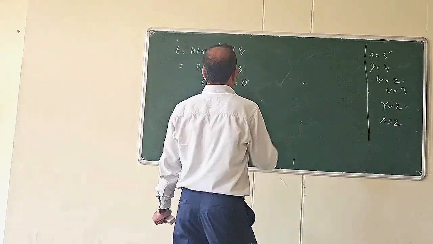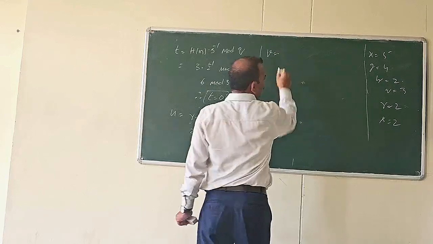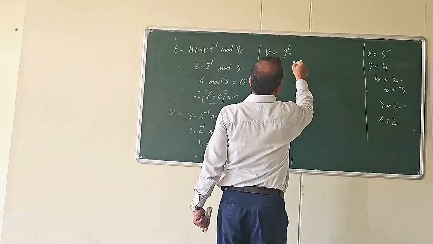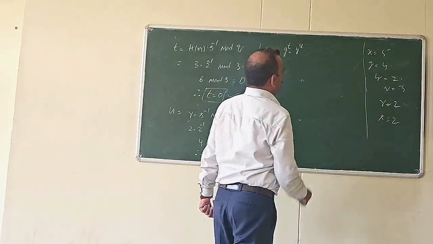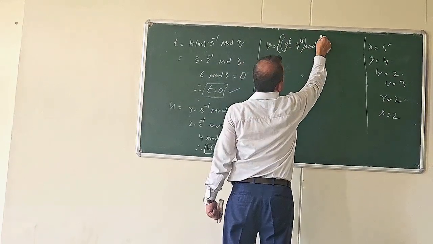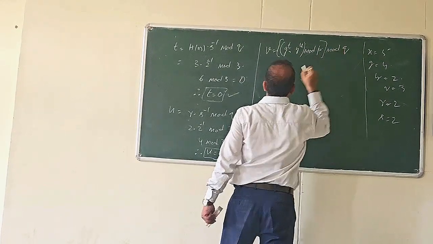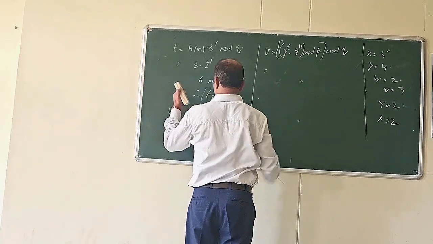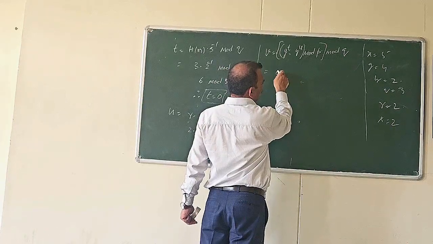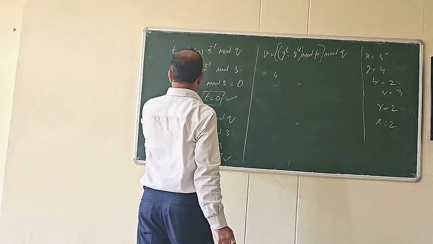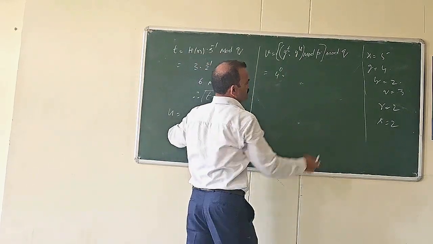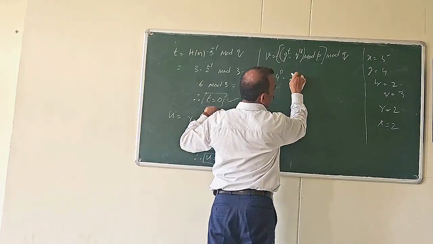And one more parameter, that is v, equals g power t into y power u mod p, mod q. So g is the value we calculated earlier, g equals 4, power t, the value of t is 0, into y, the value of y we calculated earlier, 2, power u.